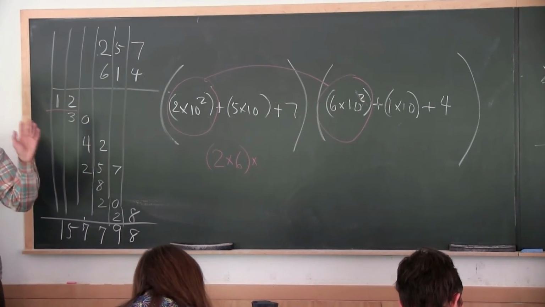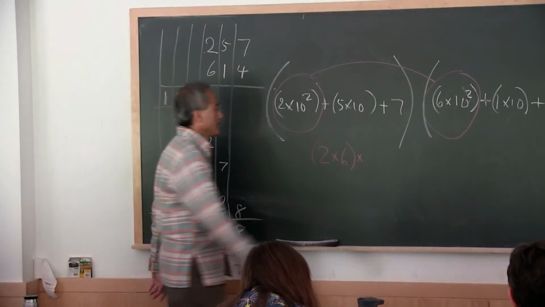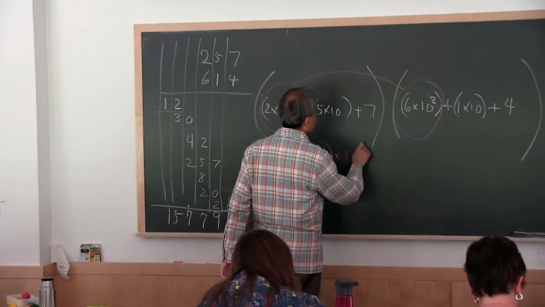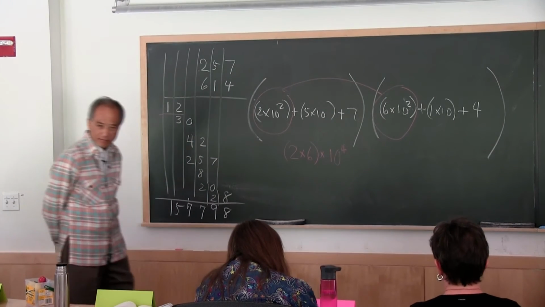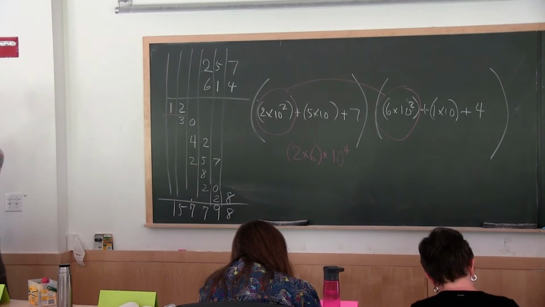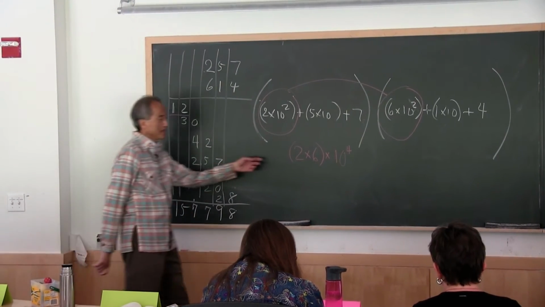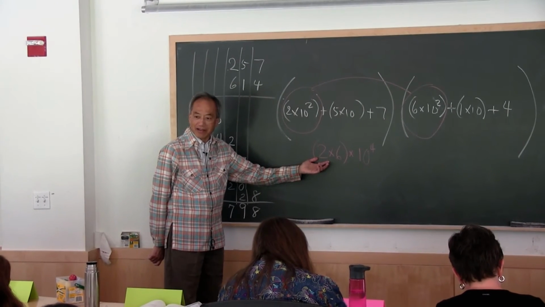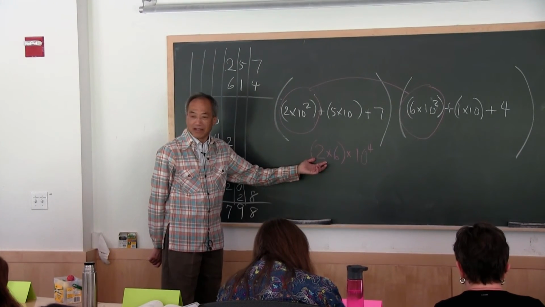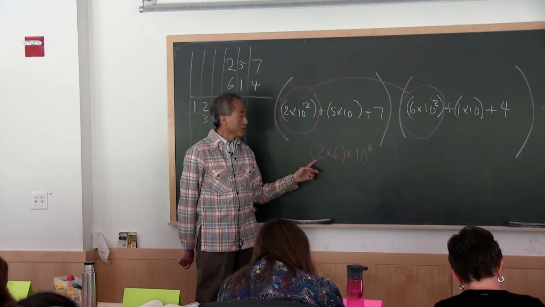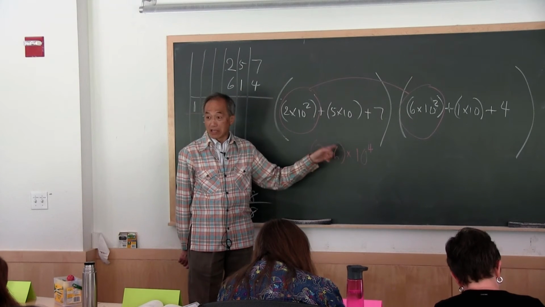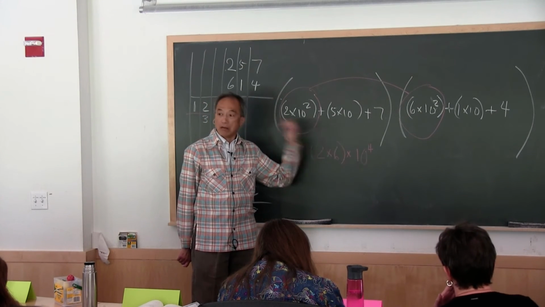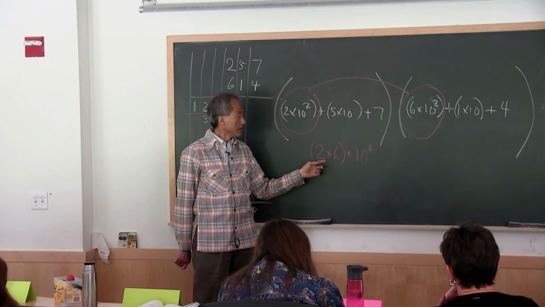You have 10, 10, 10, 10, so 4 times 10 to the 4th. What happens is, yes, it's 12. It's a matter of where you place it.